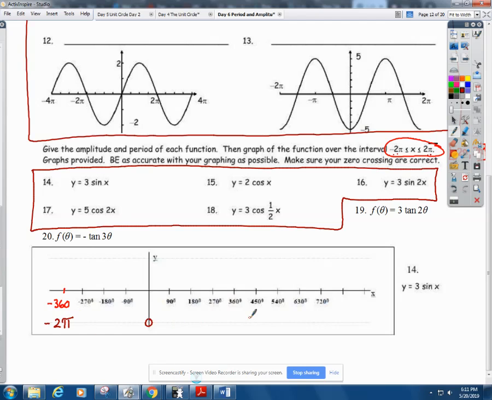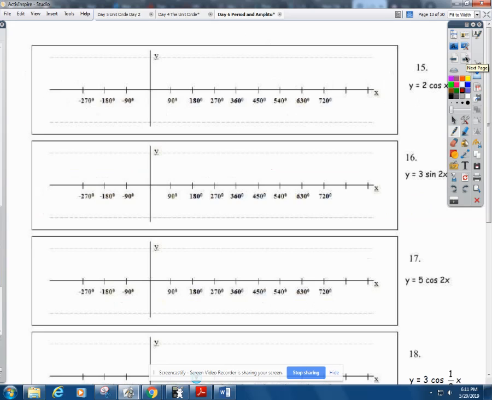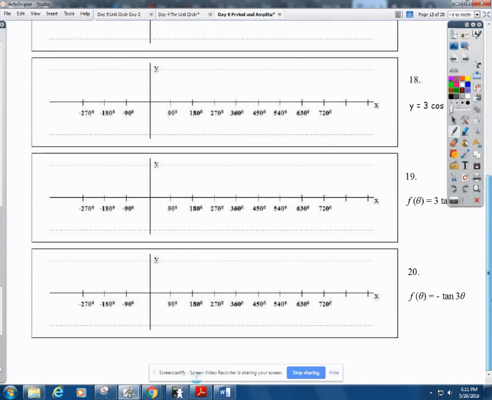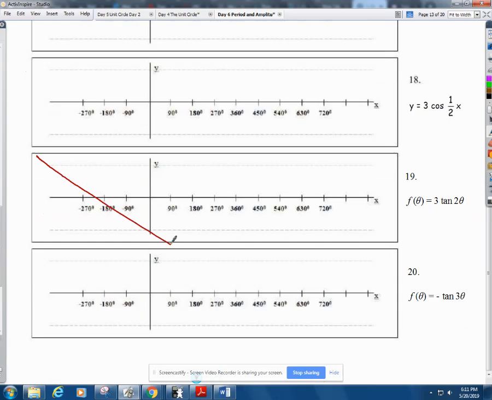So there's 0 and there's positive 2 pi is at 360. So you'll then go on to the next page. Page 30 is where you'll show your work for the rest of those graphs. All right. Yeah. So you just go on to page 30 and you'll get to skip these 2.